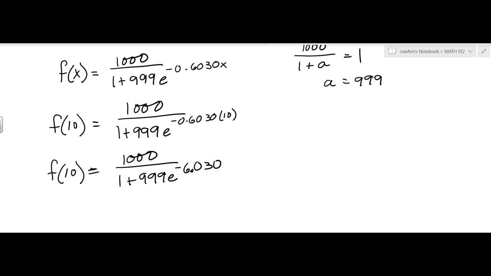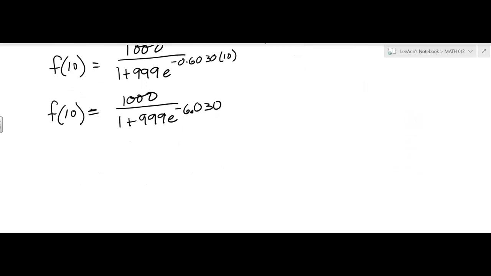Okay, so grab your calculator so we can put this in and see if we get it right. Now, what are we predicting? We're predicting how many people we think will have the flu after 10 days. Okay, in your calculator, you're going to put 1,000 divided by, open a parenthesis, 1 plus 999, and then you're going to push your E button, and it's going to have some kind of exponent thing with it.